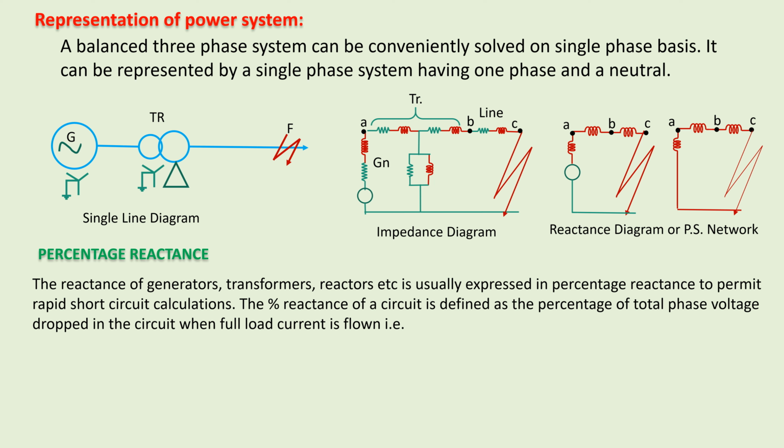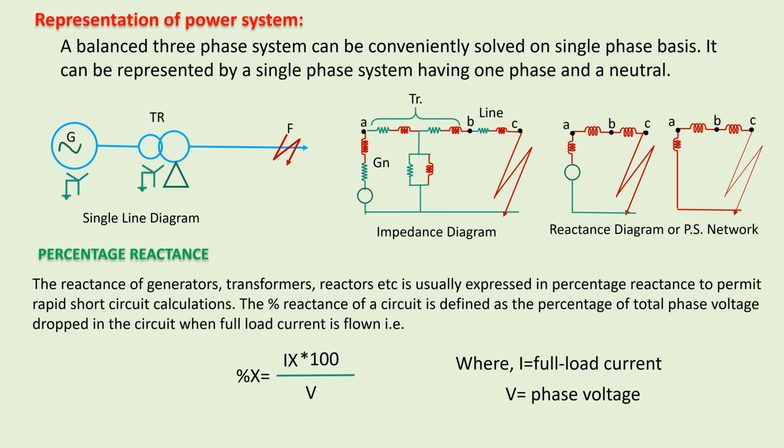The percentage reactance of the circuit is defined as the percentage of total phase voltage dropped in the circuit when full load current is flowing, that is, percentage reactance is equal to I X into 100 by V, where I is the full load current, V is the phase voltage, and X is the reactance in ohms per phase.